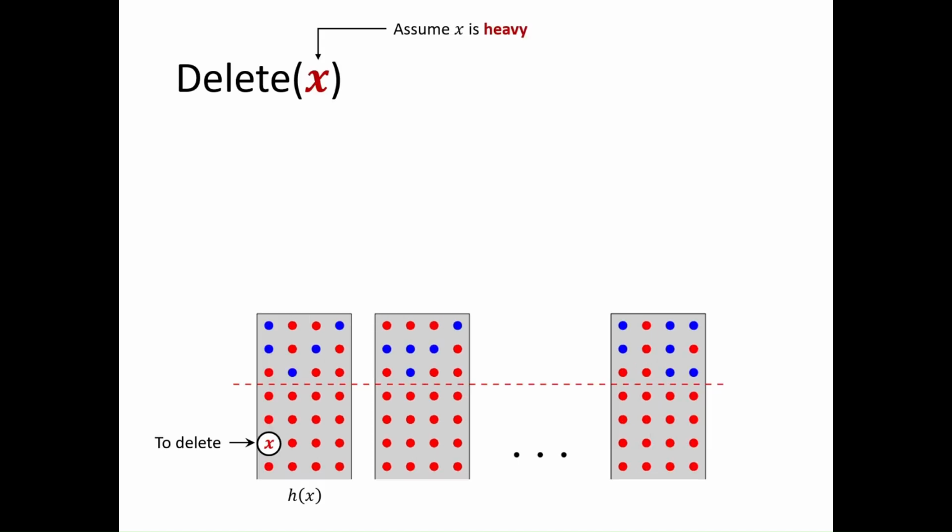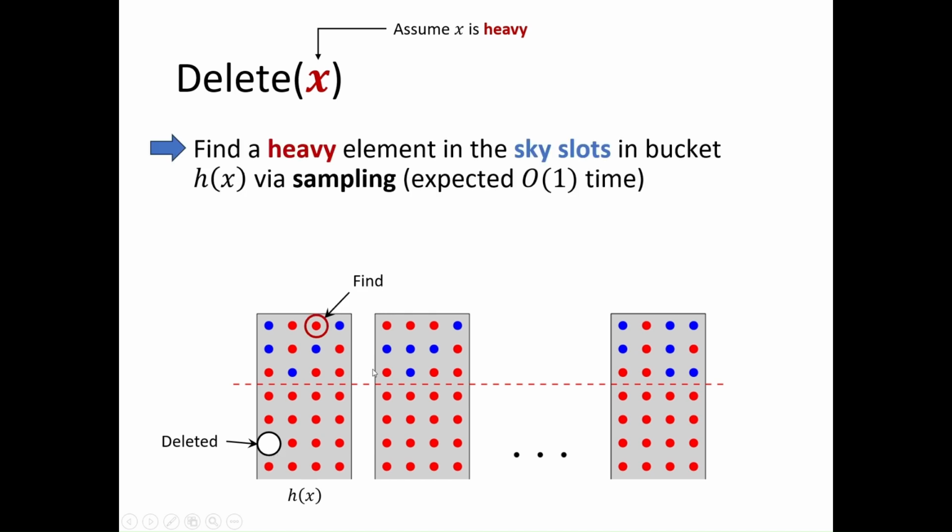Now let's move on to deletions. Let's say that we are going to delete an element x from here. By simply taking x away, we have produced a bubble, which means an empty cell. And then, for the convenience of subsequent operations, we would like to move the bubble up to the sky slot area. In order to do this, we need to find some heavy element that we can pull down to the previous bubble.